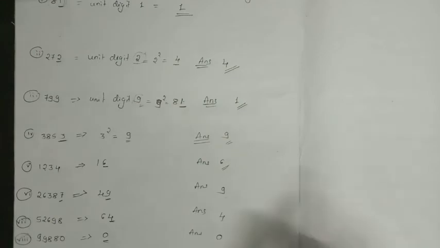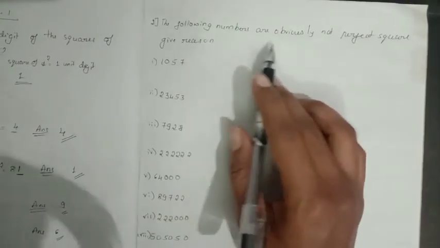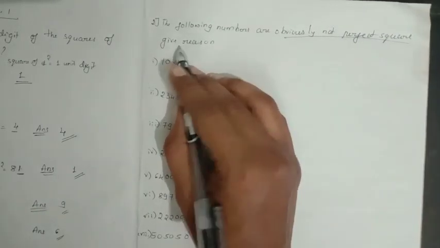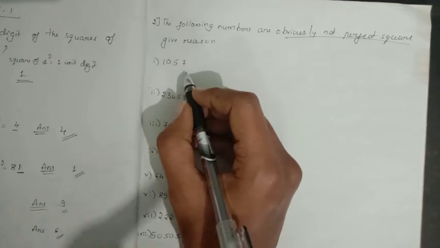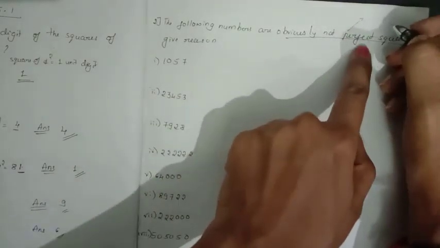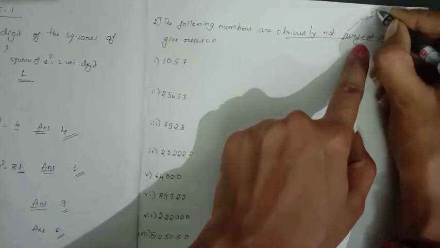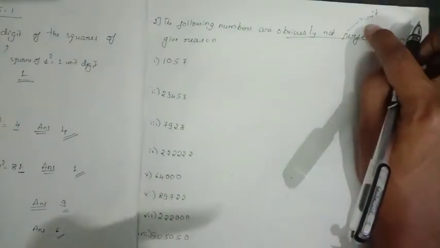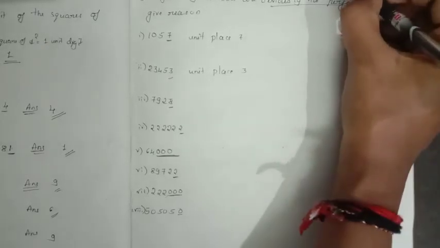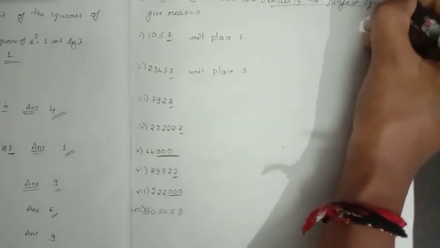Okay, so next we will move towards the second. Here the following numbers are obviously not perfect squares. So give reason. I told you, always remember, to say it is not a perfect square, the unit place should contain certain digits.